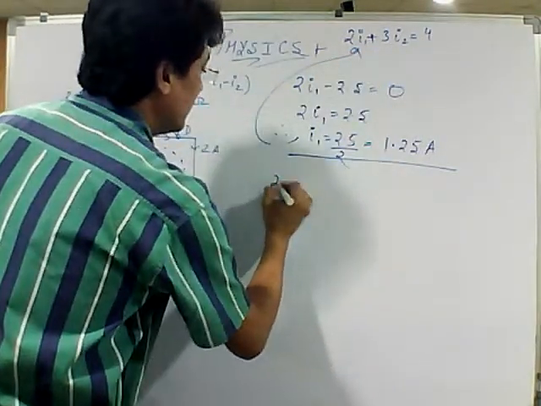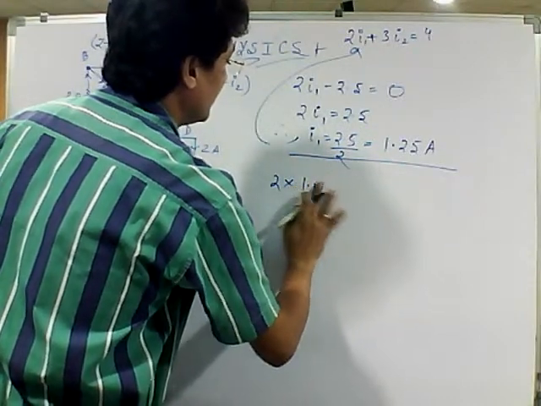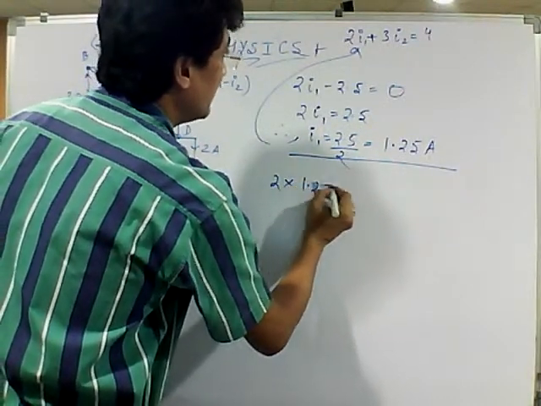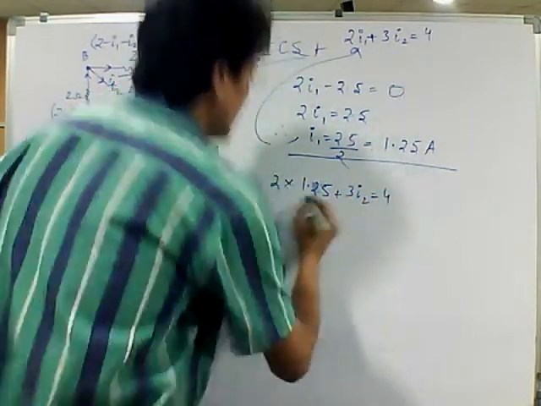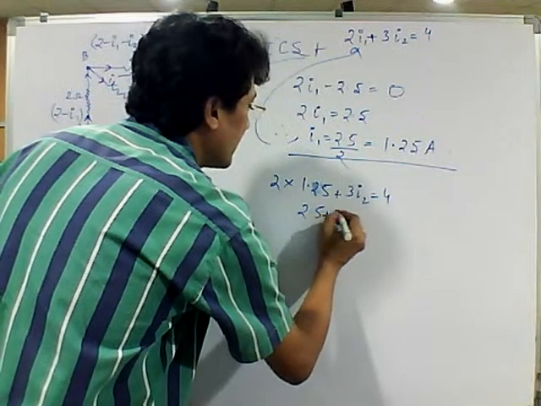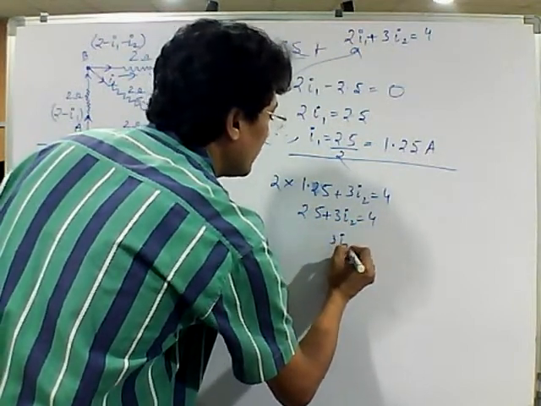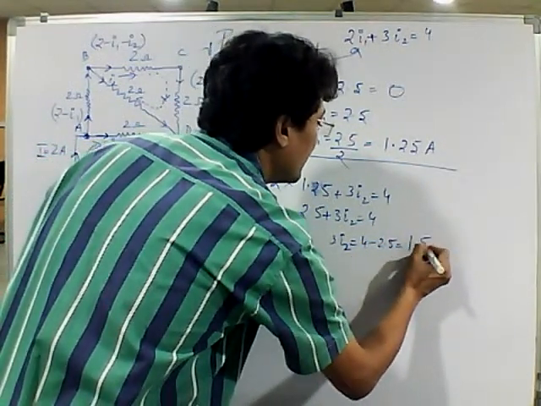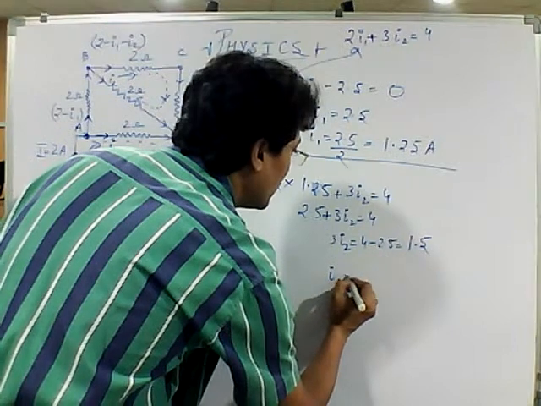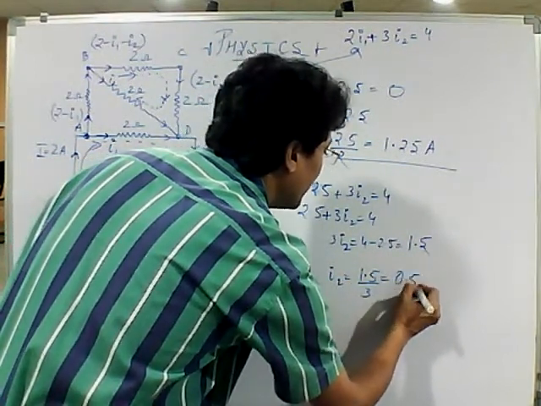So 2 multiplied by 1.25 plus 3I2 is equal to 4. So this is 2.5 plus 3I2 is equal to 4. So 3I2 is equal to 4 minus 2.5, which is 1.5. So I2 would be equal to 1.5 divided by 3, which is 0.5 amperes.